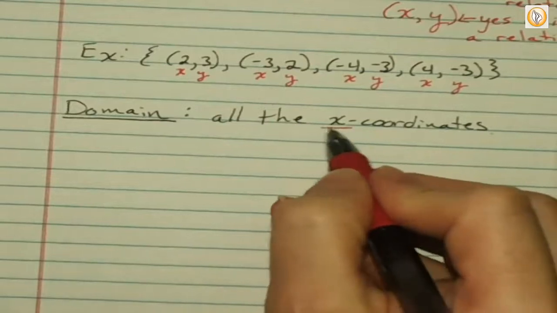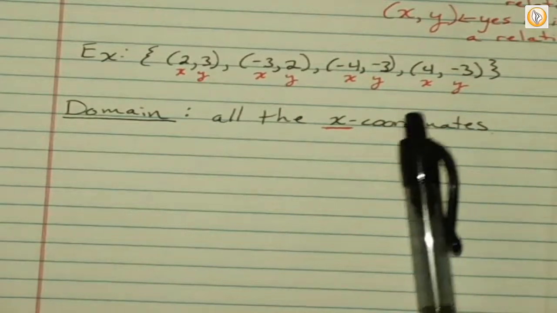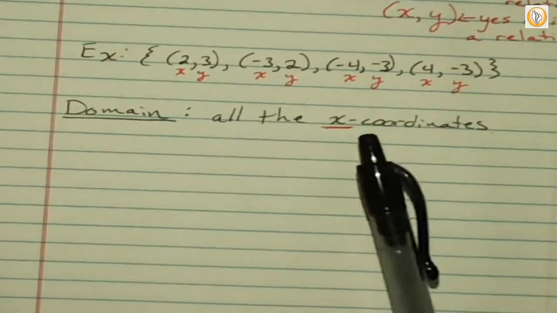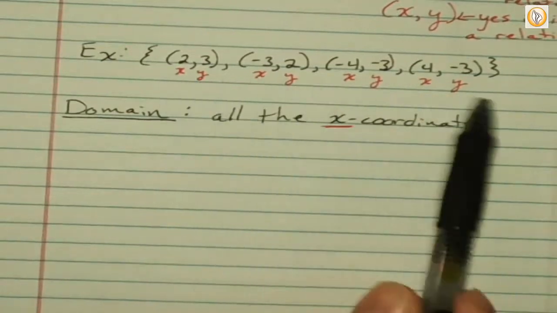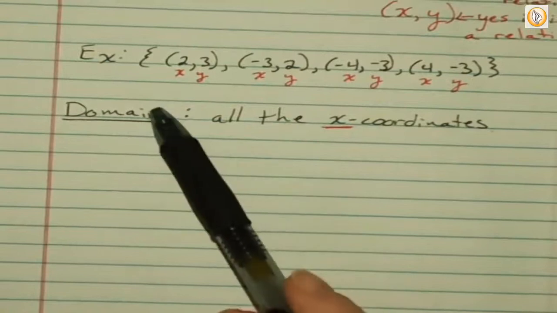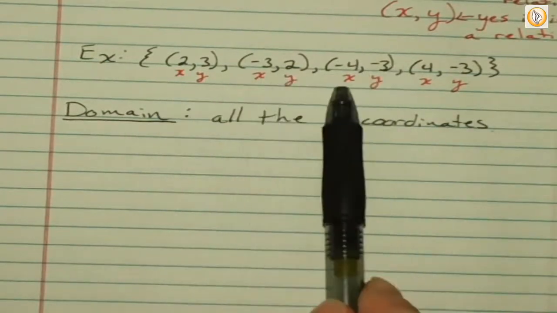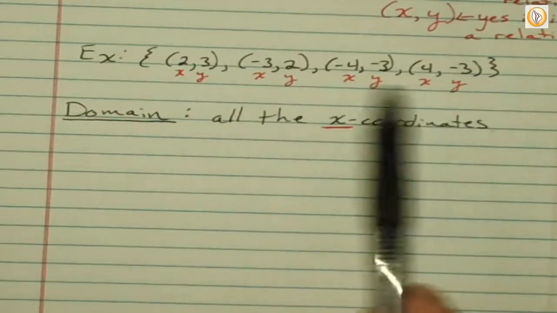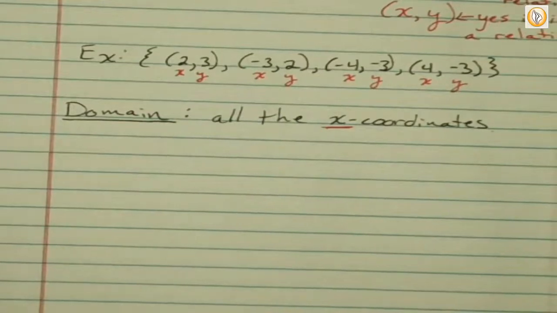So anytime they ask what the domain is, or they'll say, given the domain, find the range, all they're saying is they gave you all the x coordinates. For example, they may give you this set of ordered pairs and say, list the domain. All they're saying is 2, -3, -4, and 4. So they're talking about all the x coordinates. It's a fancy word for x coordinates.